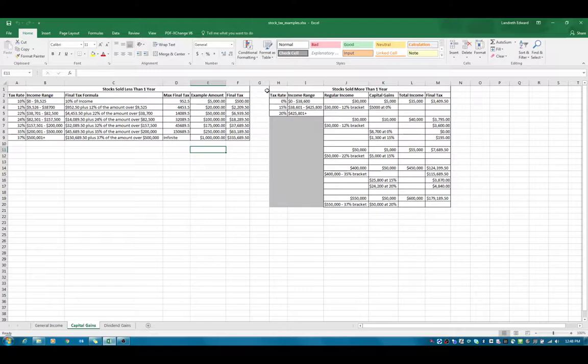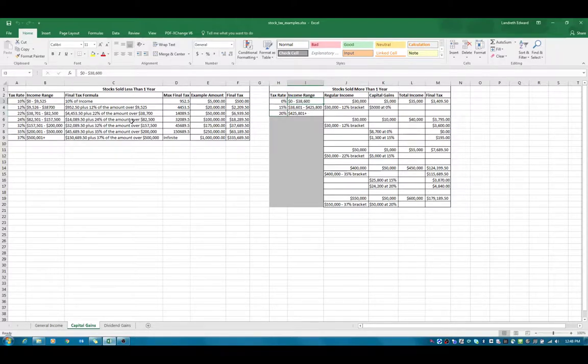So now I'm going to move on to discussing stocks that have been held for longer than a year and then sold, because they have three different tax rates. The first one, which is the best, is 0%. The next is 15%, and finally 20%. The way these get determined is based off of your final income range.